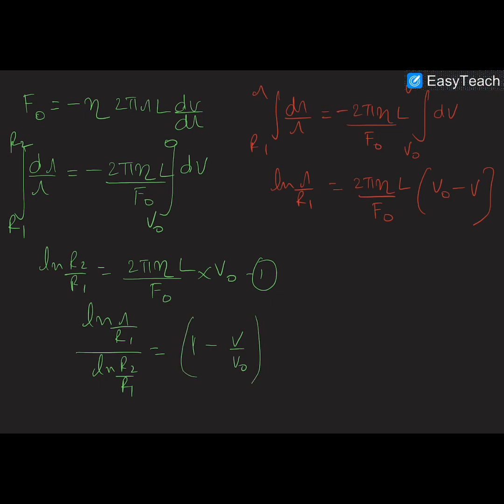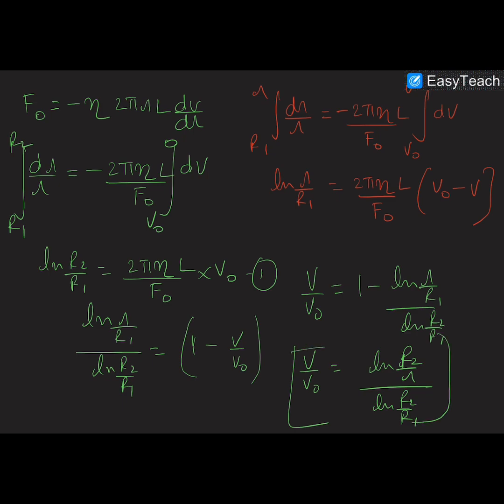So you can easily see the scenario, and here we can say that v by v naught will be equal to 1 minus ln r by r1 upon ln r2 by r1. So v by v naught will be equal to, taking LCM, since ln A minus ln B is ln A by B, ln r2 by r upon ln r2 by r1.